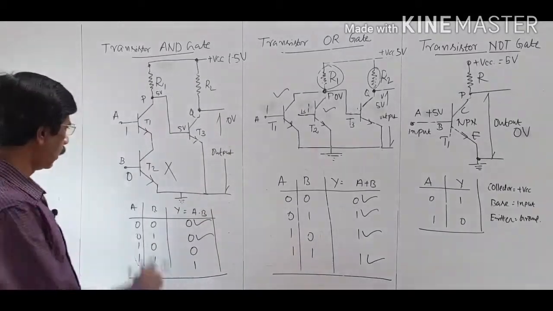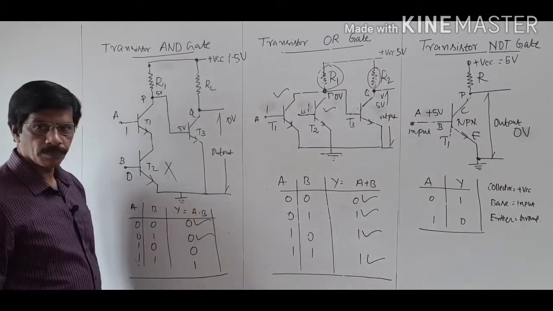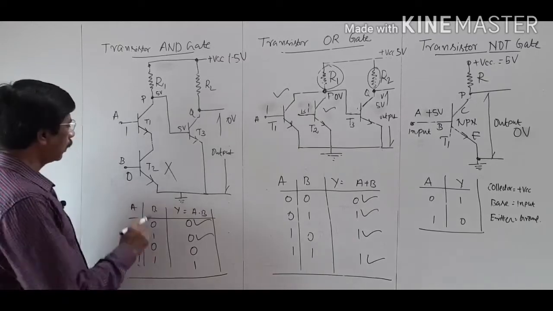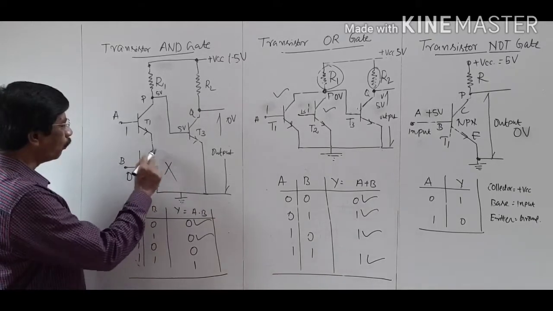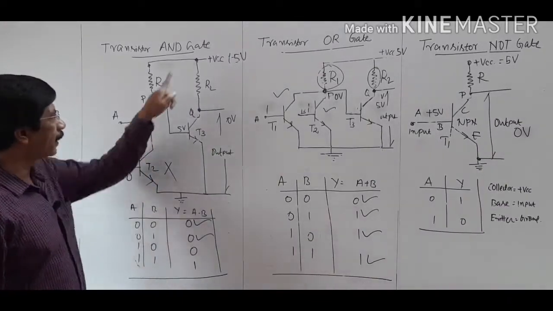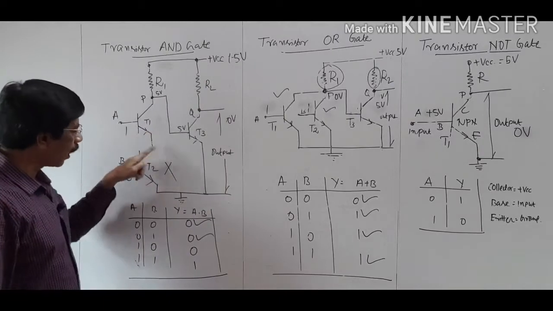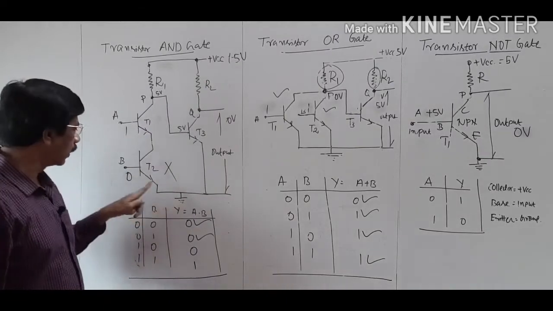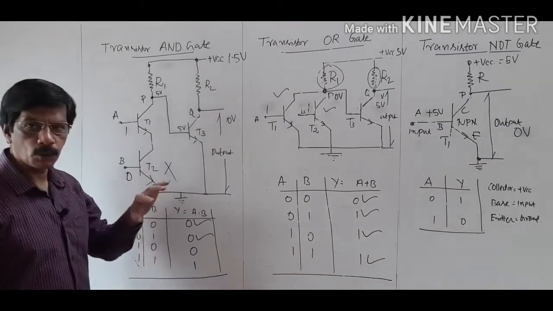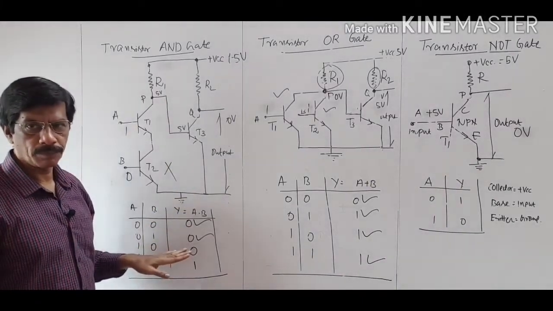Why? The emitter is not connected to ground, since the transistor T2 now behaves as an open circuit. In the previous case, the collector was not connected to plus VCC. In this case, the emitter is not connected to ground because the transistor T2 is acting as an open switch. The circuit is not closed.